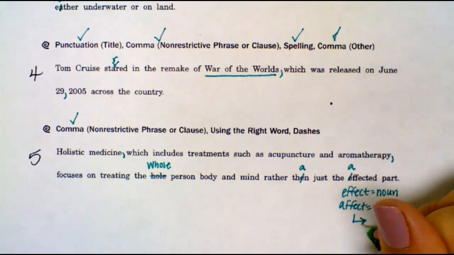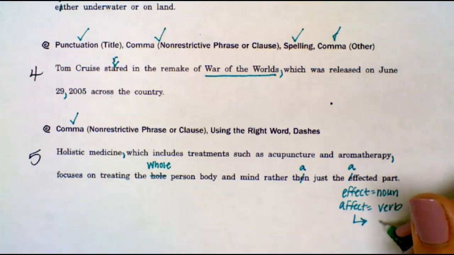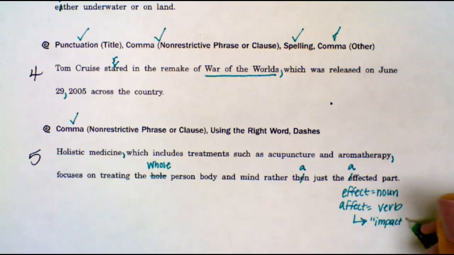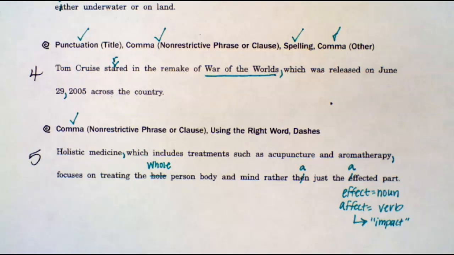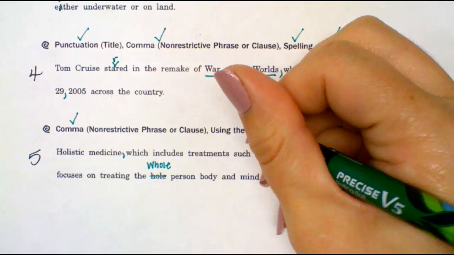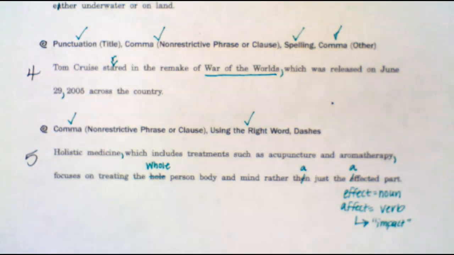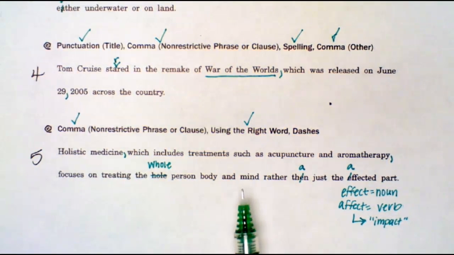If you need to add another note for yourself, you can let yourself know that affect is basically like saying impact. So we're saying that it's more than just the impacted part. Changing the spellings of those words would correct our using the right word error.